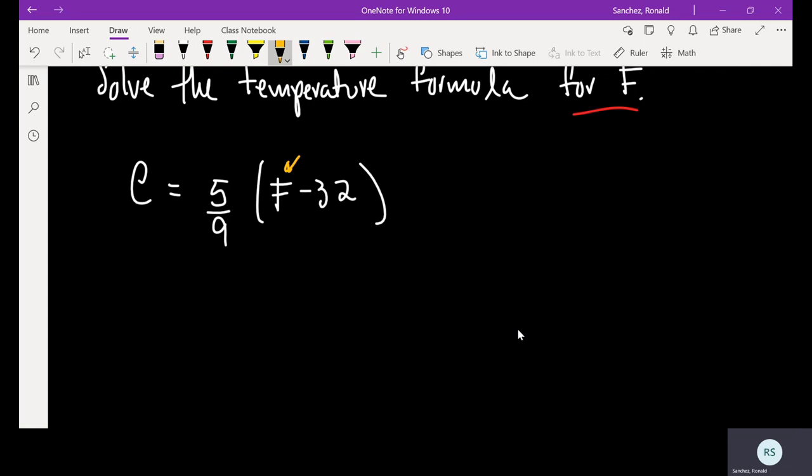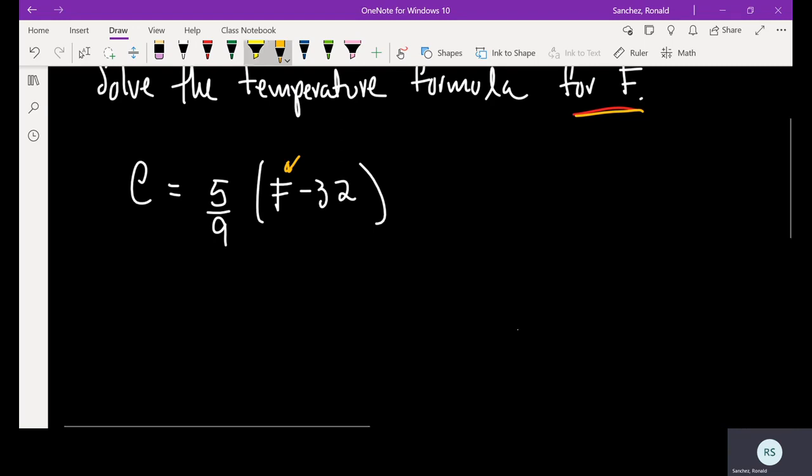But what if we want to know our temperature in Fahrenheit and we have the temperature in Celsius? Well, that's why we're solving for F. We're solving for F so that if we have the temperature in Celsius, we can plug in that temperature for C and obtain our temperature in Fahrenheit.